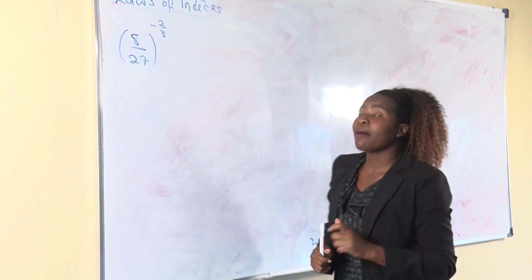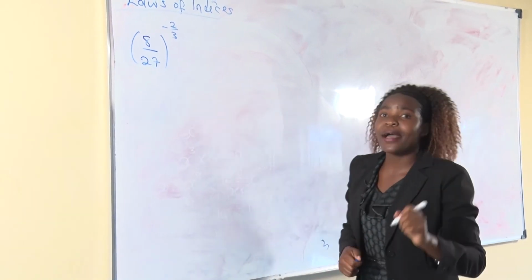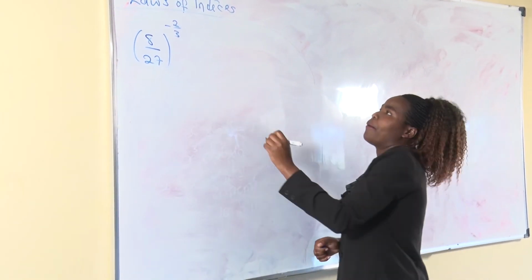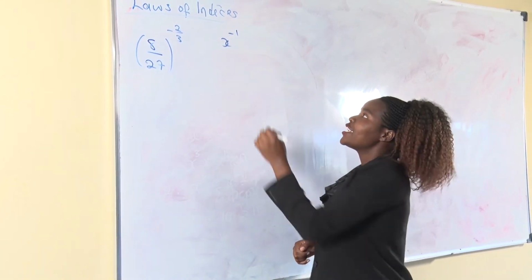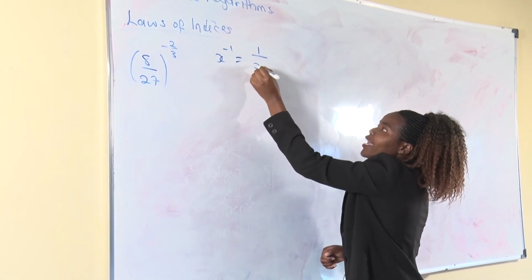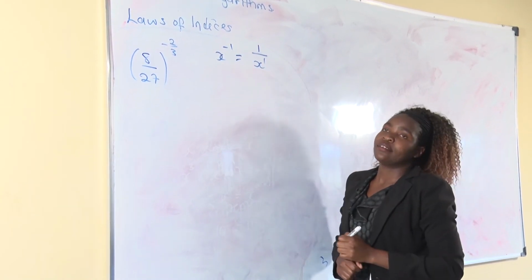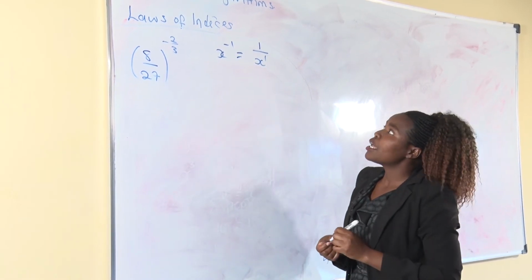Remember, law number 4 states that whenever a number is being raised to a negative power, like x to the power negative 1, the law states that it is 1 over x to the power 1. That's how we simplify such expressions. The same applies here.